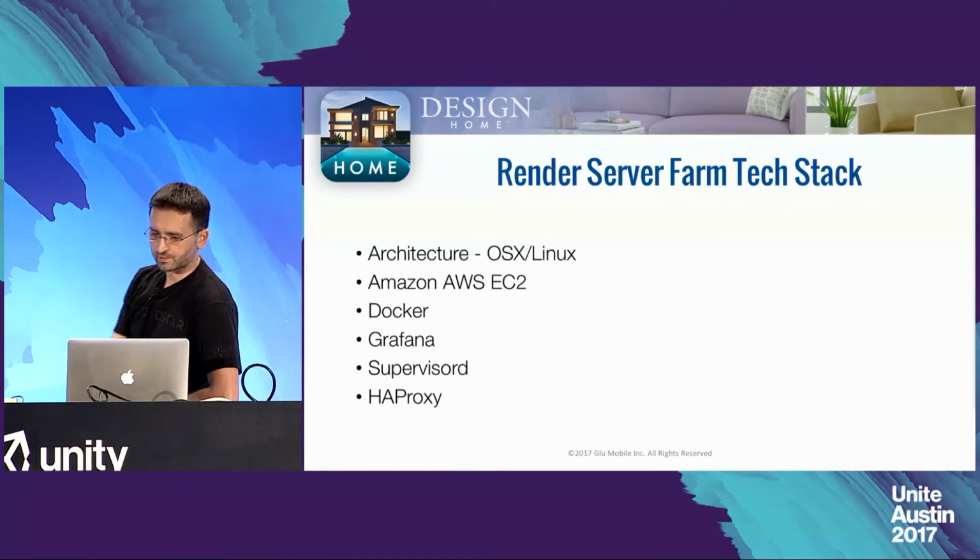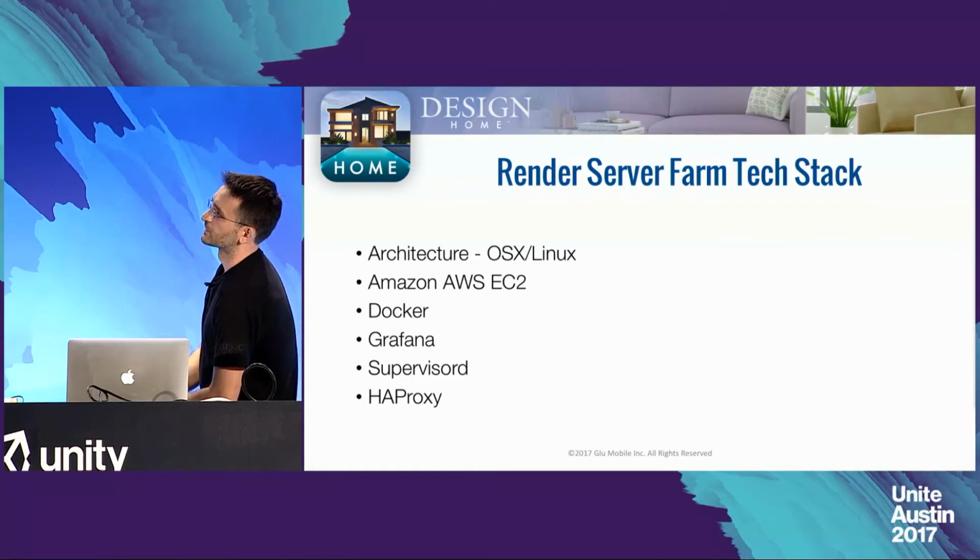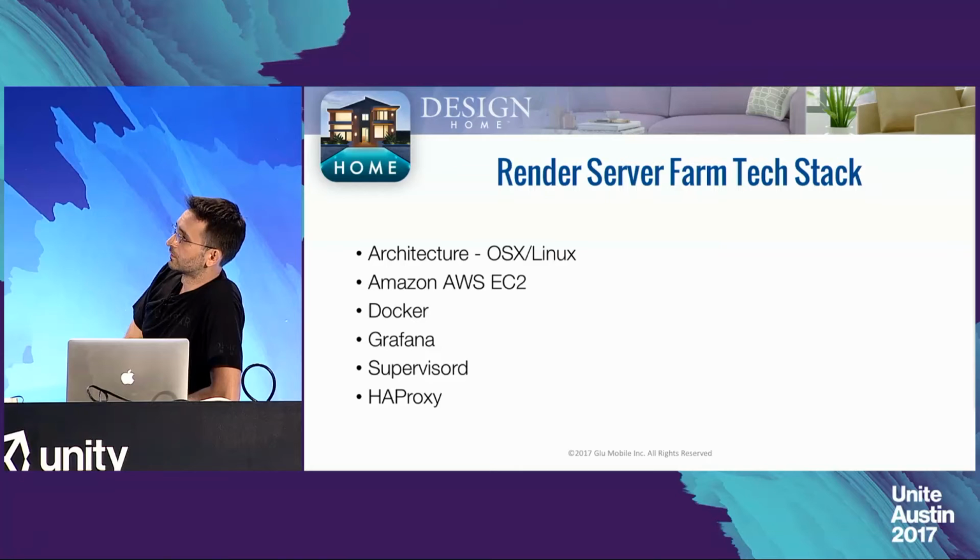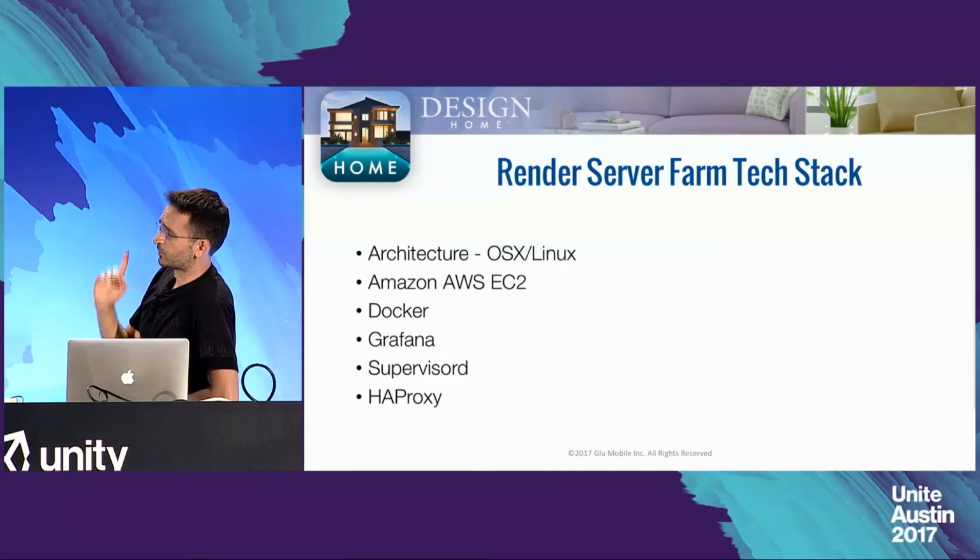Here's our tech stack. As mentioned, we do our development on OS X. We deploy the farm on Linux with the Linux player; we just build to it. We run on Amazon AWS EC2. It's all Docker, and I'll talk about that a little more next.